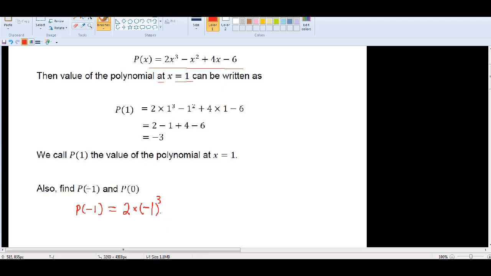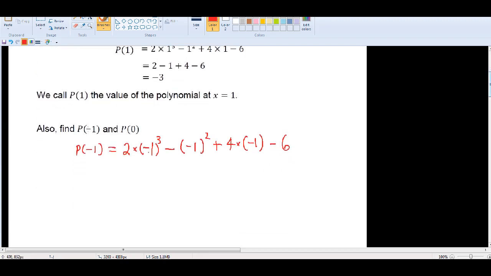But for a negative number, it would be much better if you add a pair of brackets on it. So the next move would be 2 times (-1) cubed minus (-1) squared plus 4 times (-1) minus 6. You see I use a bracket for every minus 1 because that's a negative number. You could reduce the chance of getting confused.